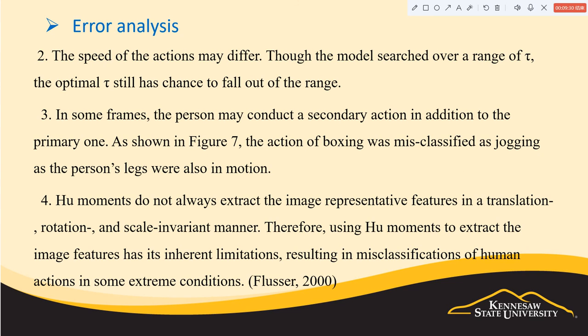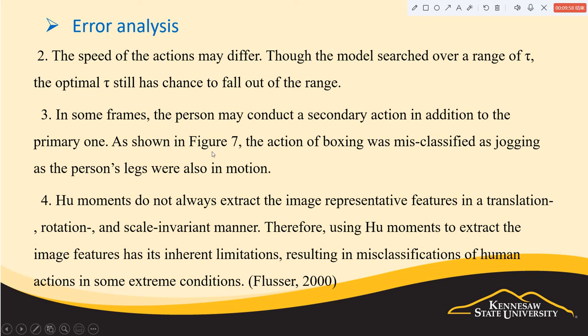The second possible reason may be that the speed of the actions may differ. Though the model searched the overall range of tau, the optimal tau still has a chance to fall out of the range. And the third reason is that in some frames, the person may conduct a secondary action in addition to the primary one.